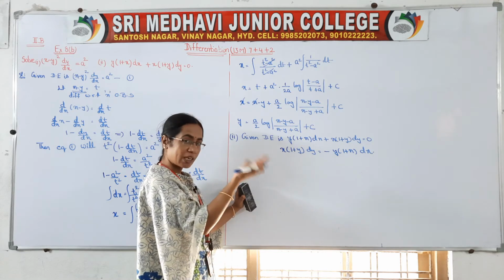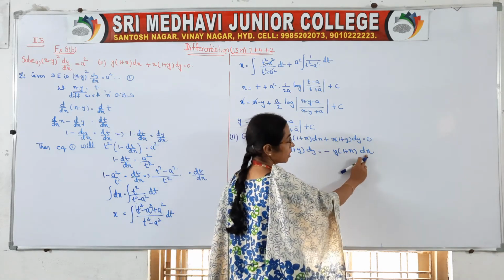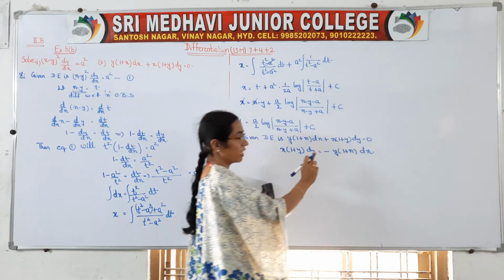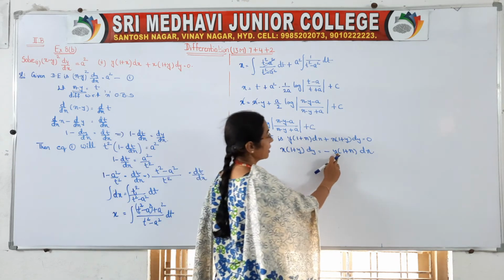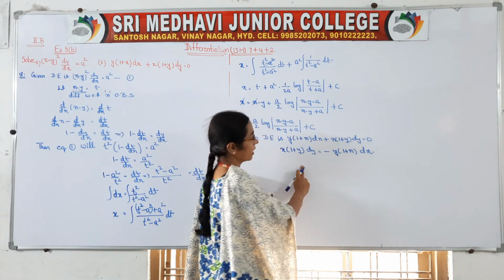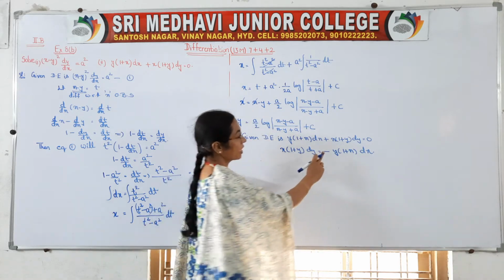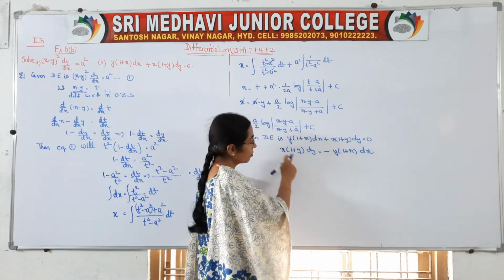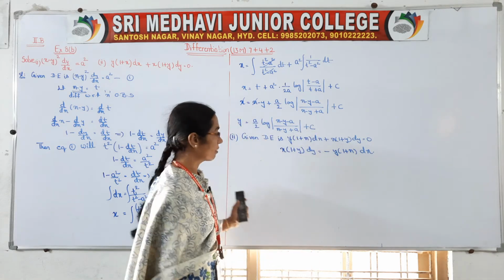An x term should come along with dx, and here (1 + x) dx is okay, but y is not okay. y should come along with dy. So send this y to this side, and send this x to that side. Here y is multiplying, so it will divide. Similarly here x is multiplying, if you send it to the other side, it will divide.